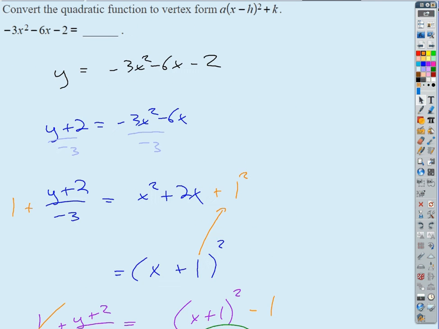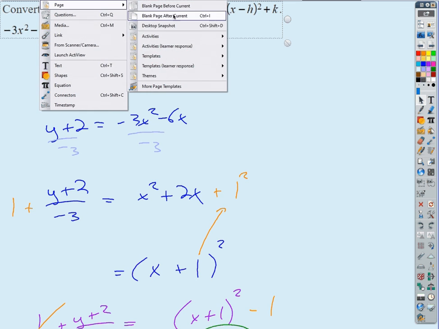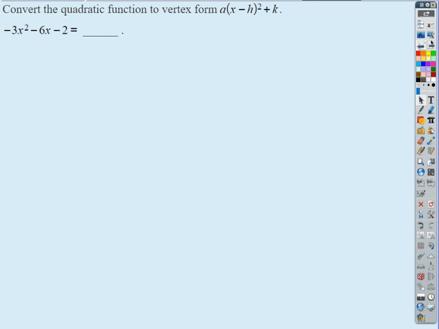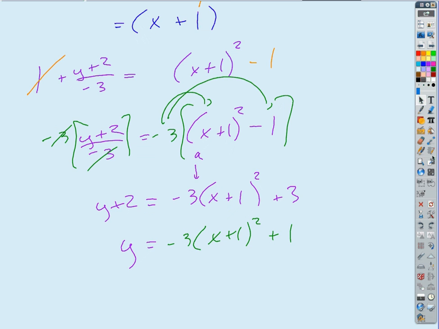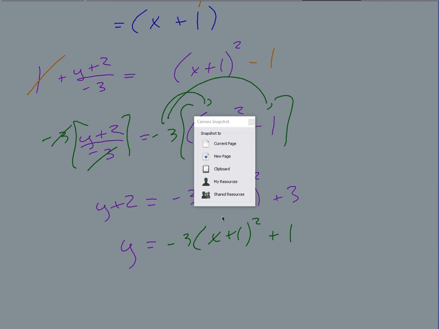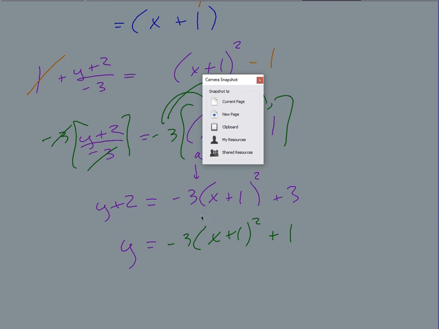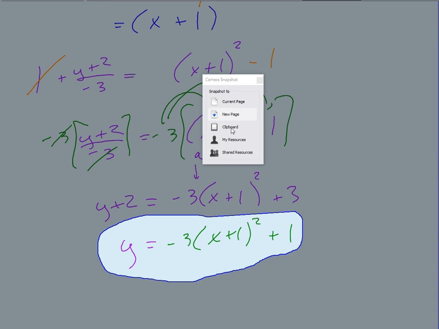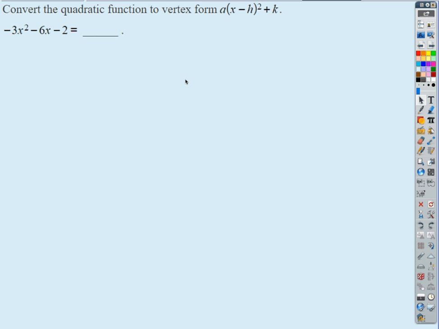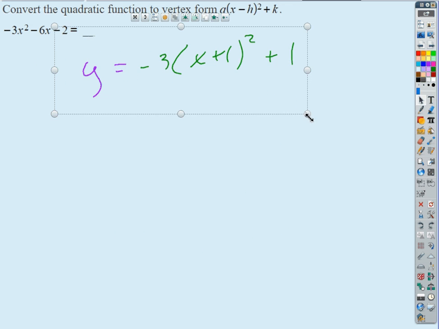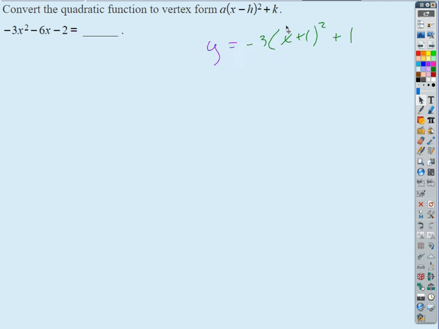Okay, I'm going to show you plan B on this. So after completing the square, we got that result, right?